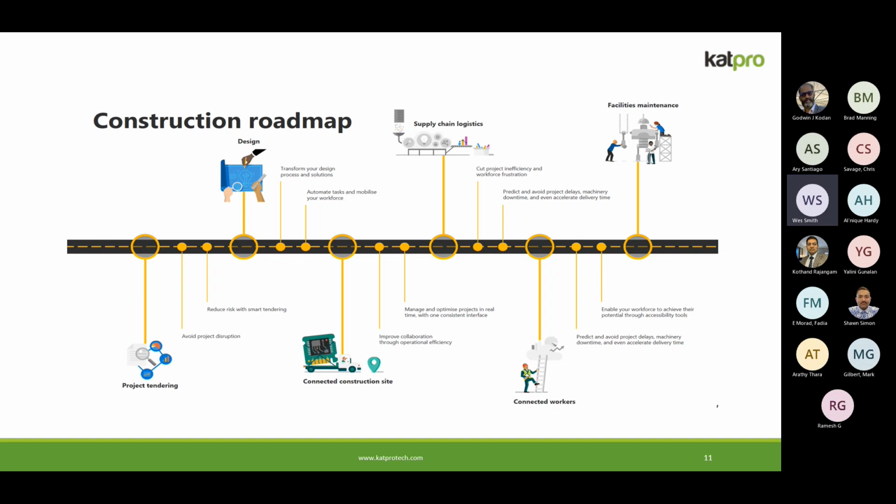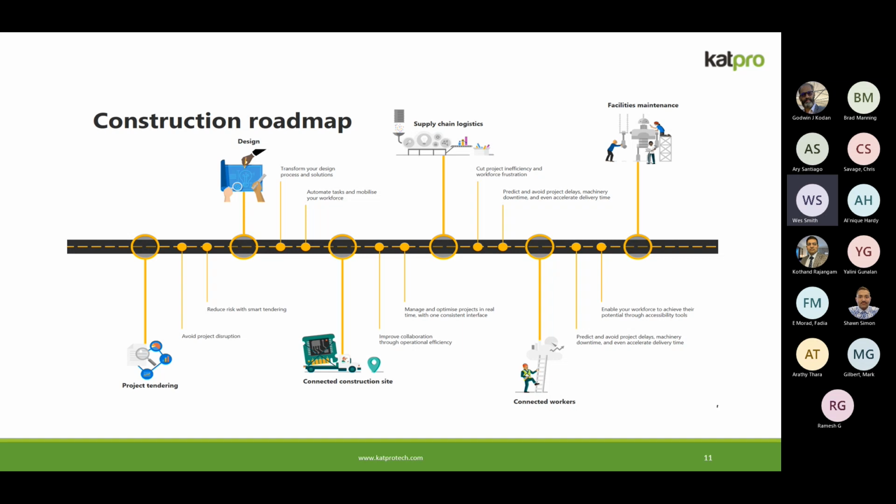So from the construction roadmap perspective and how Azure Cloud fits into this, at the high level, the images here talk about going through the phases of project tendering, buyout, bidding, and so forth, design elements in there, which depending on contracting types could be part of the job or prior to going to bid, as we know.